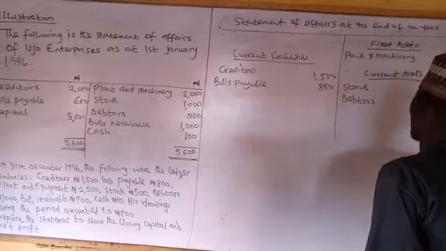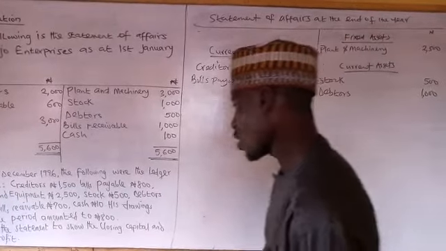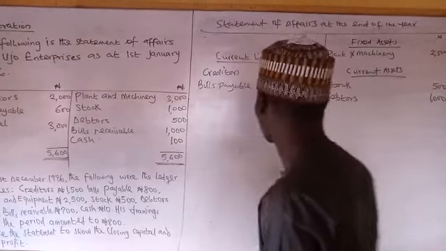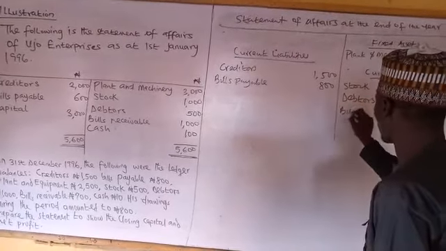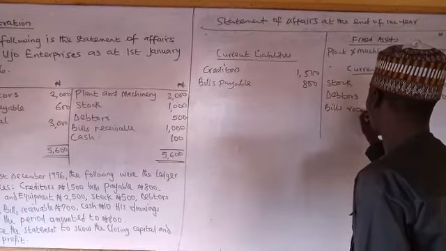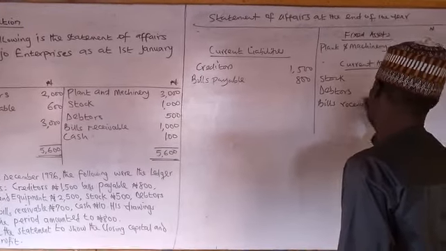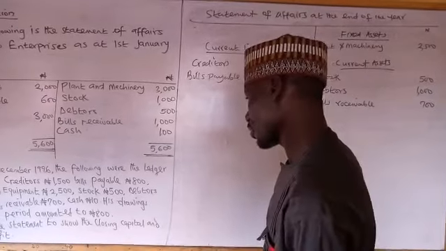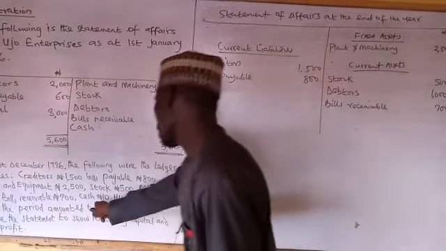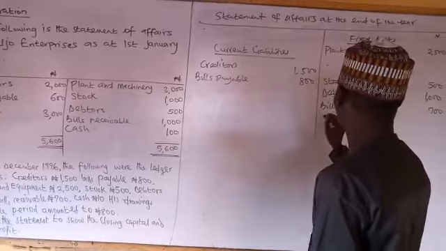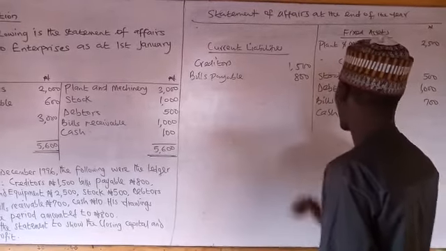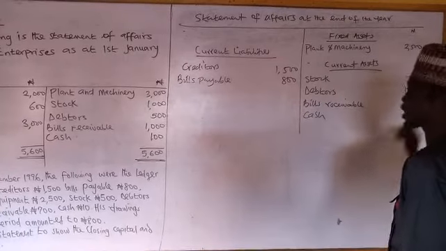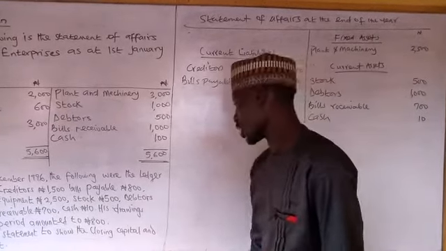What else do we have? We have bills receivable to be 700, and our bills receivable was 1,000 before. Then we have our cash to be 10 naira, which means the cash we have at hand at the end of the year was 10 naira, but at the beginning of the year, it was 100 naira.